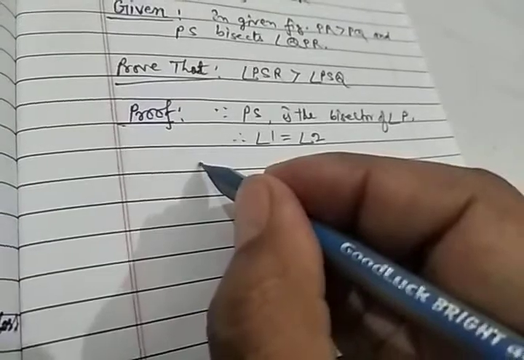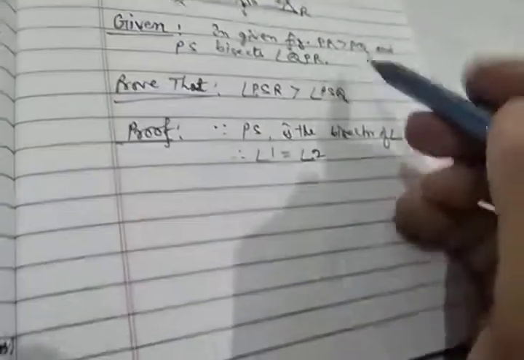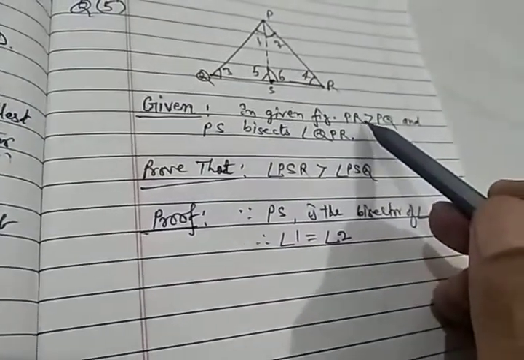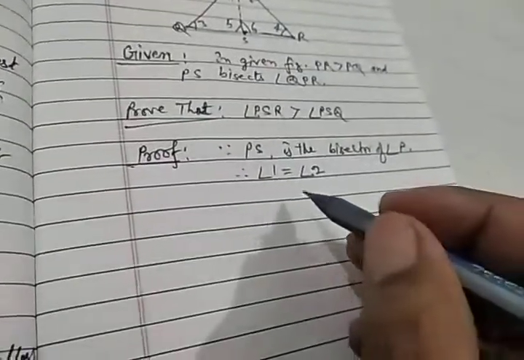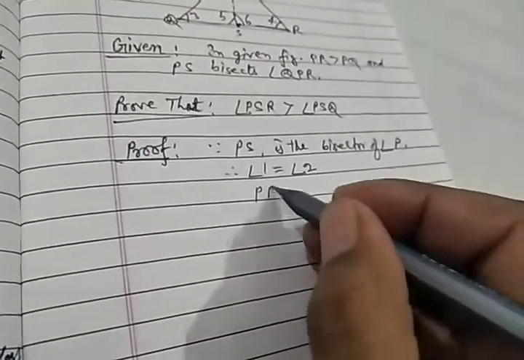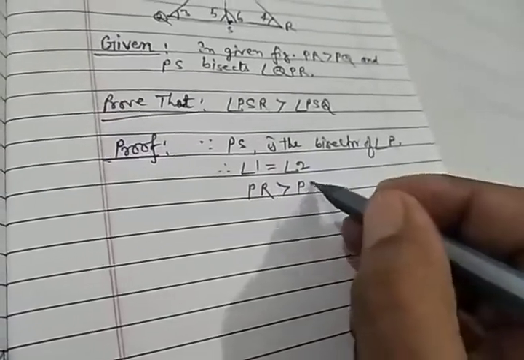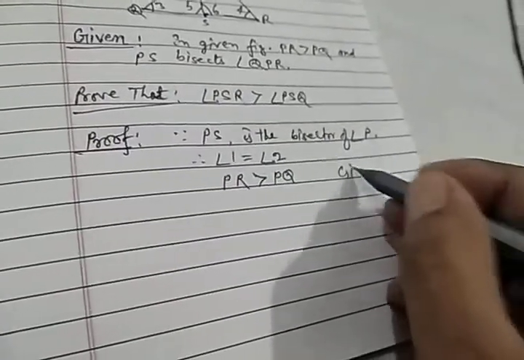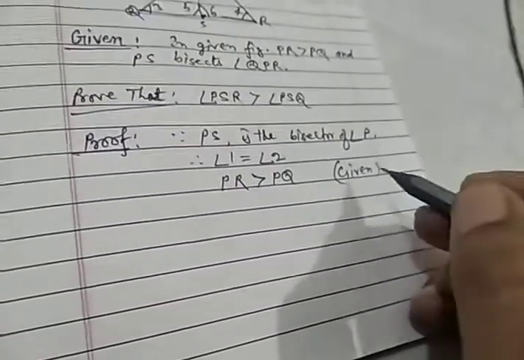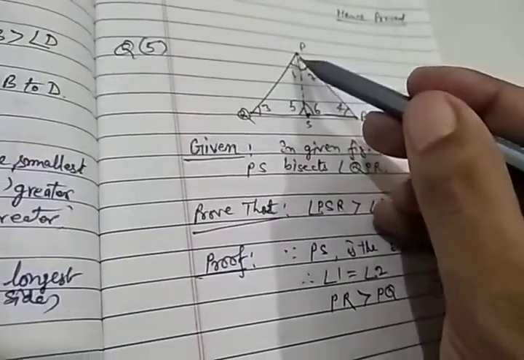Now we have given PR greater than PQ. PR greater than PQ, that is given. Now take this triangle PSQ.